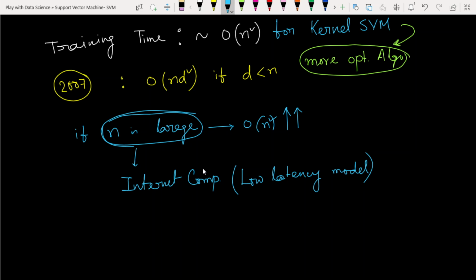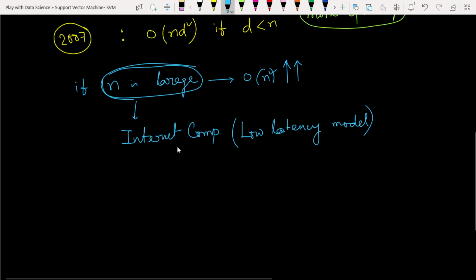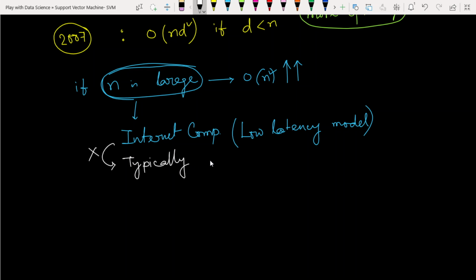So this is impossible, because in such situations we typically don't use this. We do not use SVM when n is large.